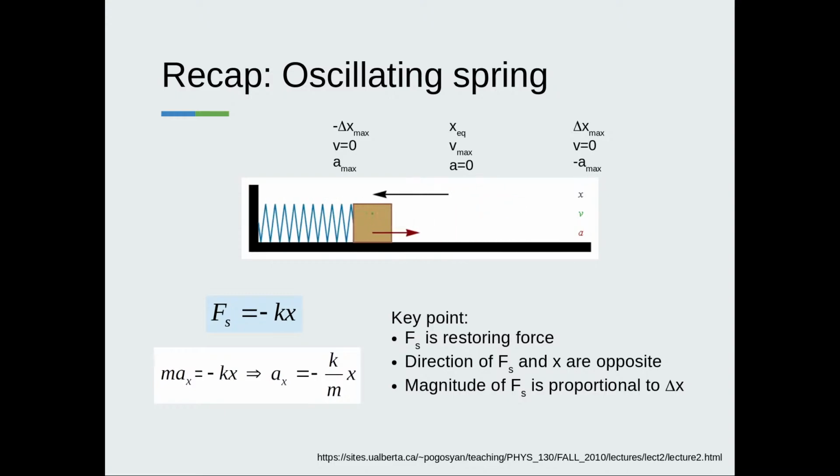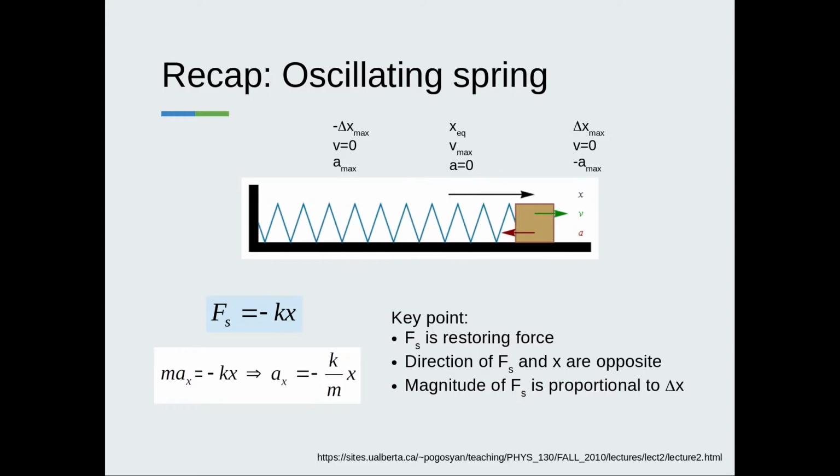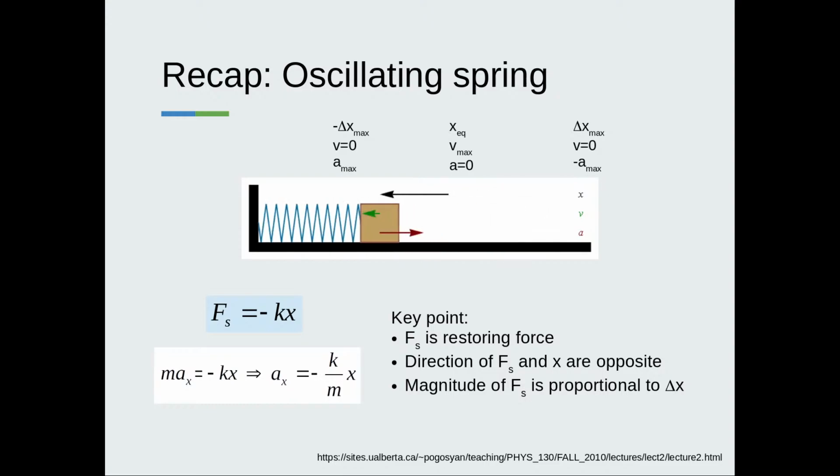And then for the oscillations, at the equilibrium position, the acceleration is 0, because at that point, if you take the equilibrium position as a reference, you are changing the direction.